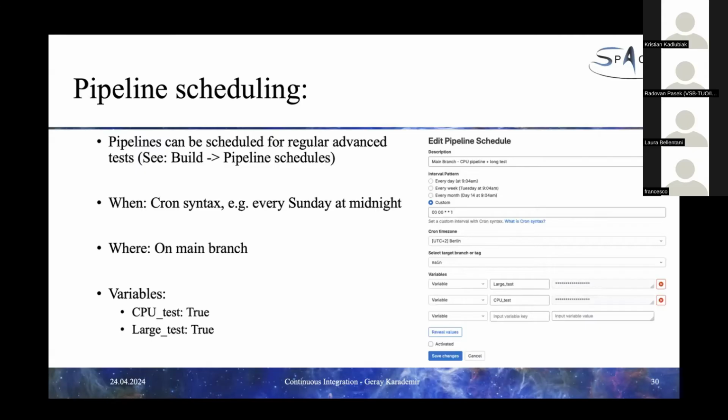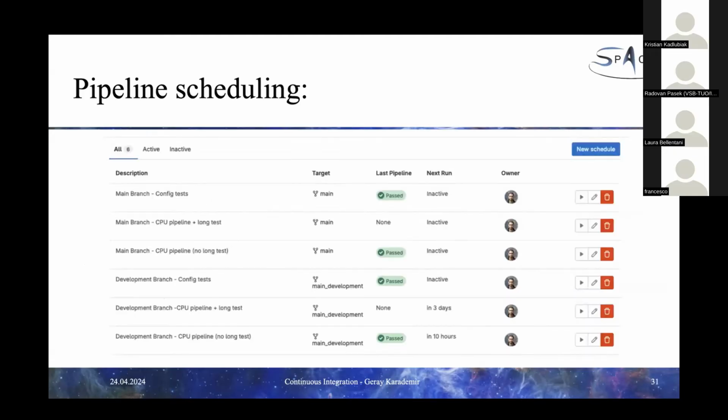Okay, we went through this already, but you can set your scheduling as well and define some variables. If you do so, you have these scripts. For example, here at the bottom, you see that on the development branch, this CPU task runs every day, this one every week, and these are inactive at the moment.